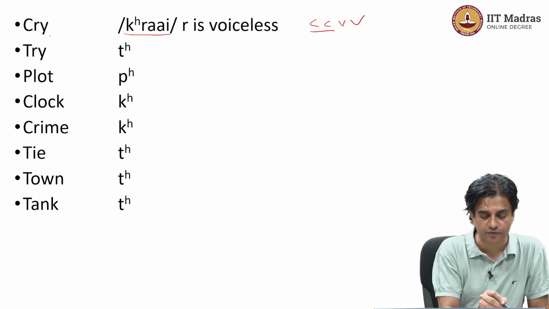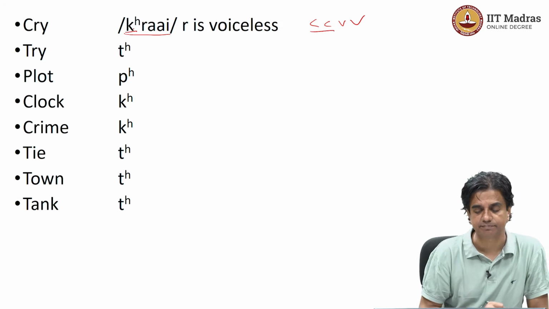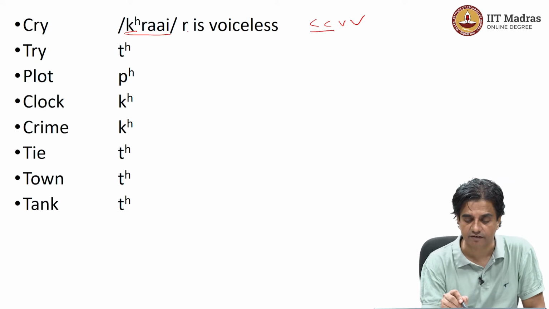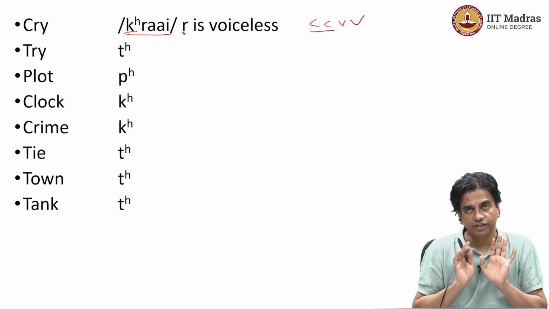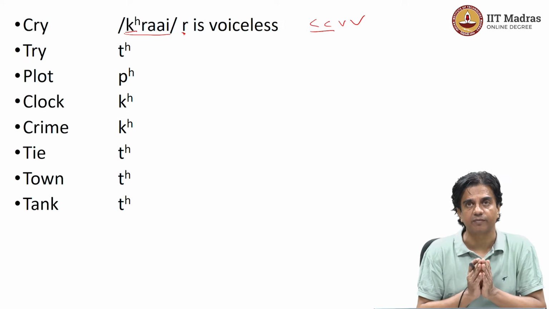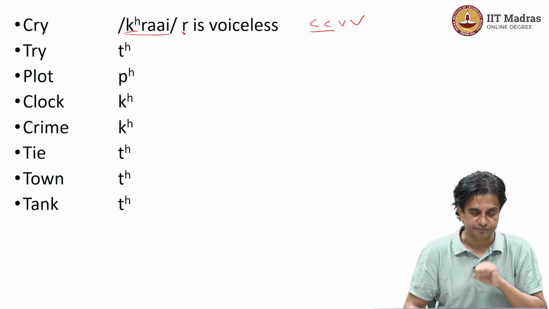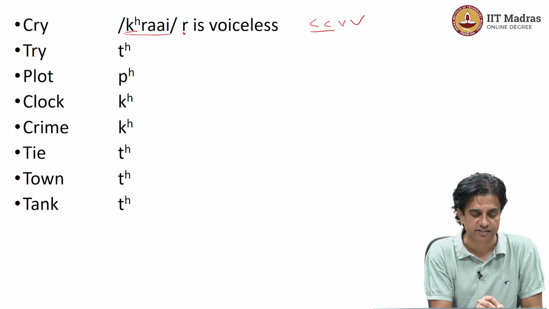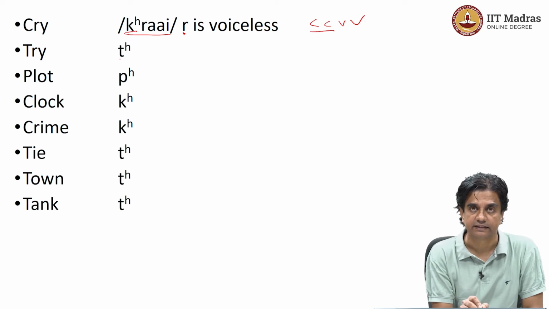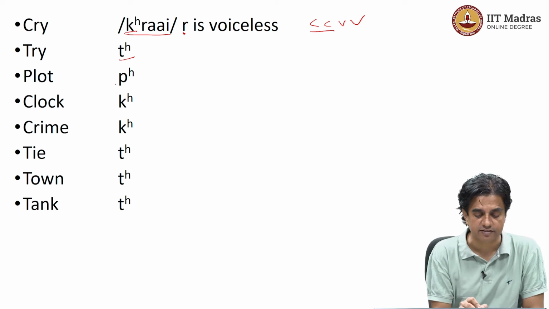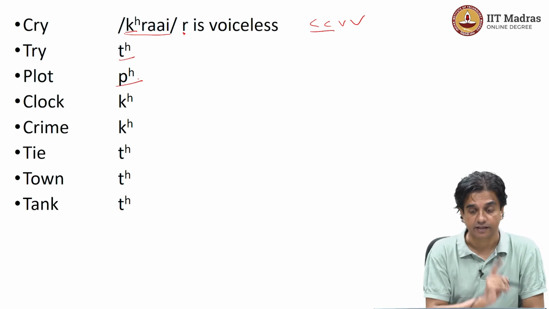This first sound ka is getting aspirated in the presence of ra, which eventually becomes voiceless in this environment, and therefore this allows aspiration. In a word like try, again this sound is aspirated. Plot, this sound is aspirated.